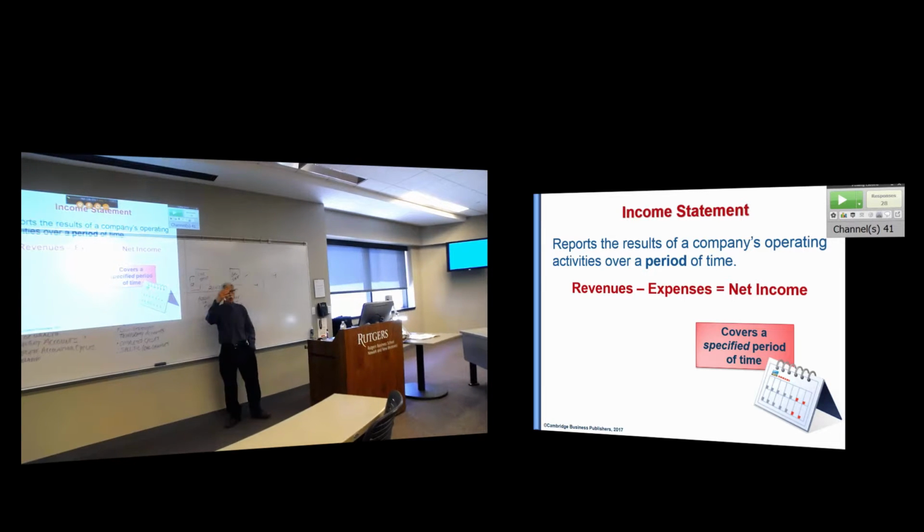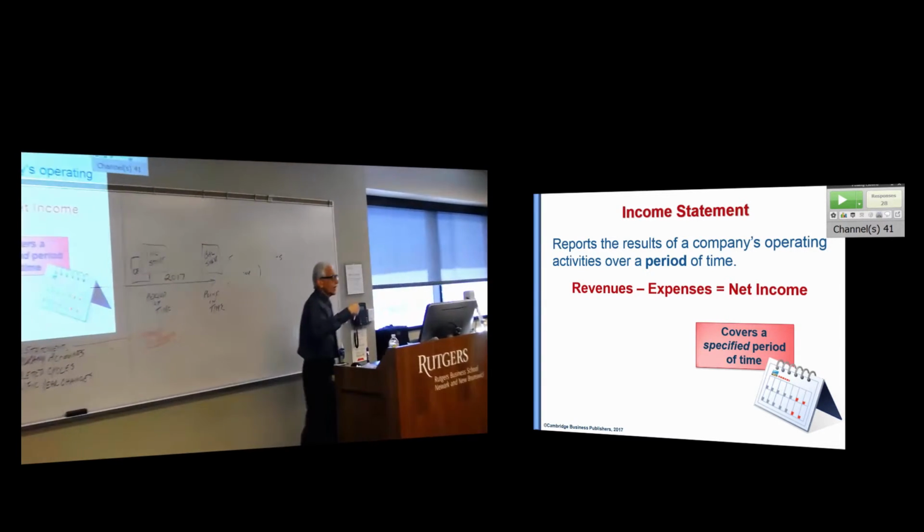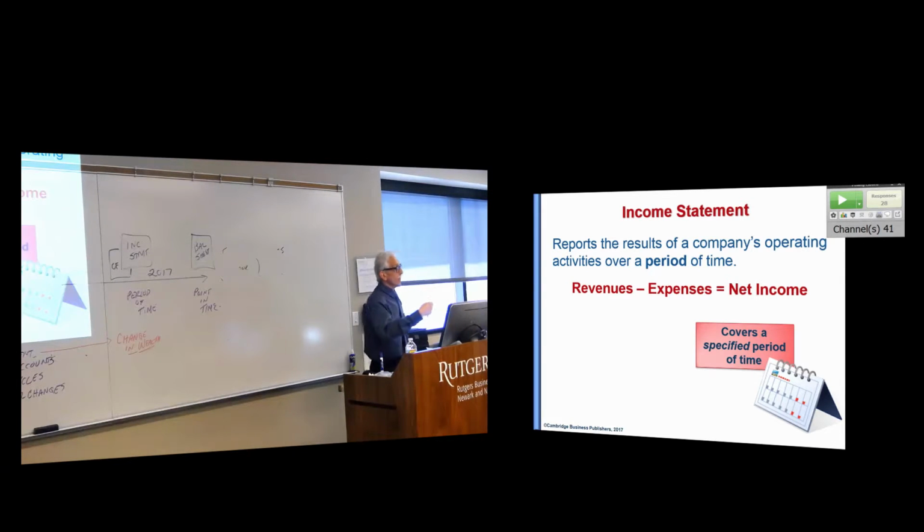So if you look at the balance sheet as a stock of wealth, you could look at the income statement as a change in wealth. It's how your resources or how your wealth changed over a period of time. And again, that period could be a quarter, could be a month, could be a year. And these are temporary accounts.